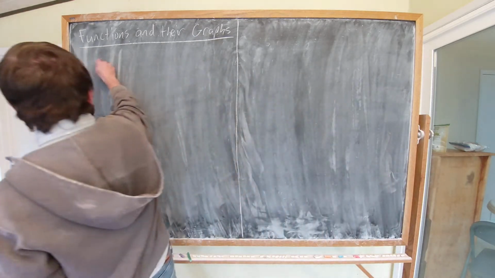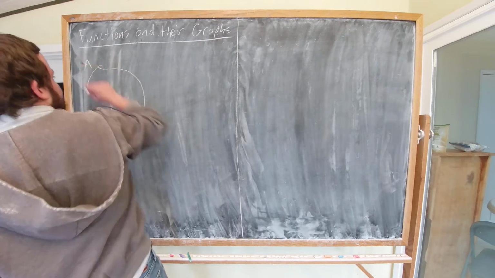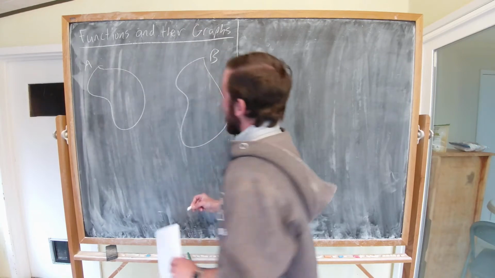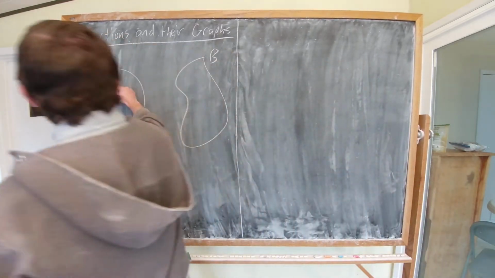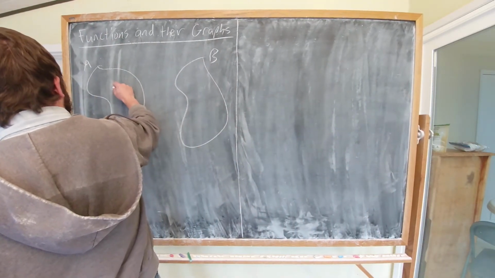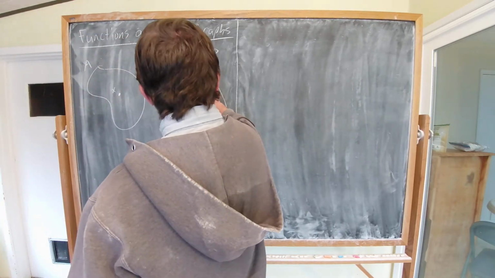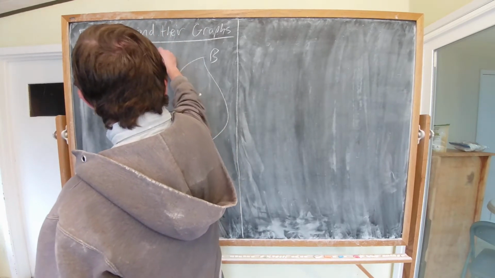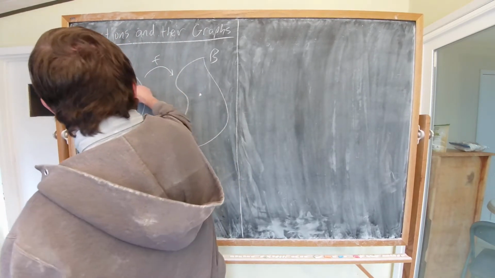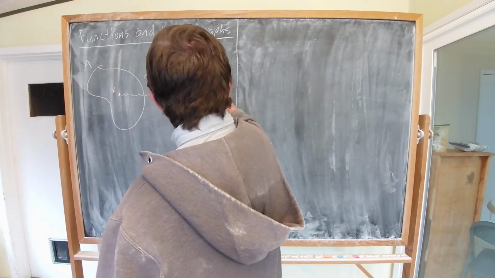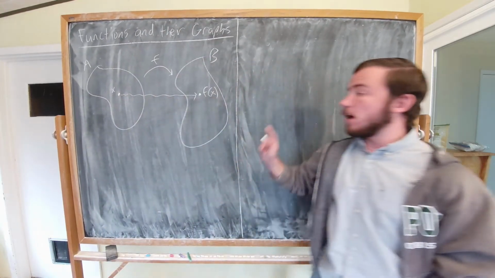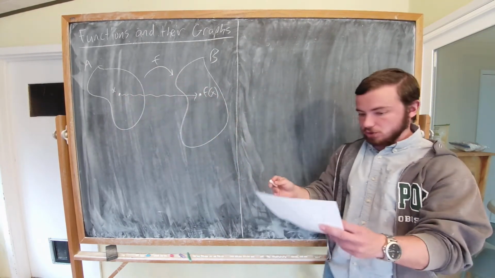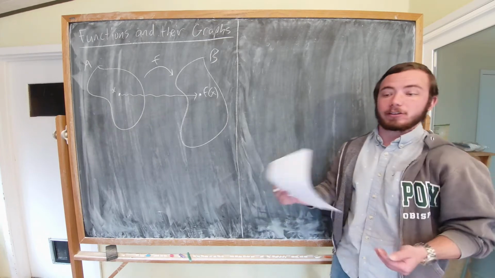Let's call it set A. And I have some stuff in set B. And I want to take stuff from set A, maybe an element x, to another element in B. Well, I'm going to define a function f, and I'm going to say that x goes to f of x under the function f. So really f is a map from A into B. That's how we should think about functions.